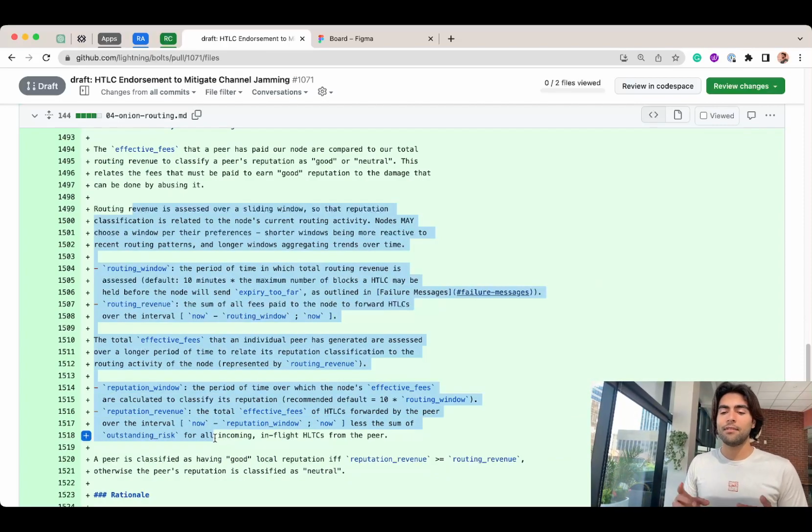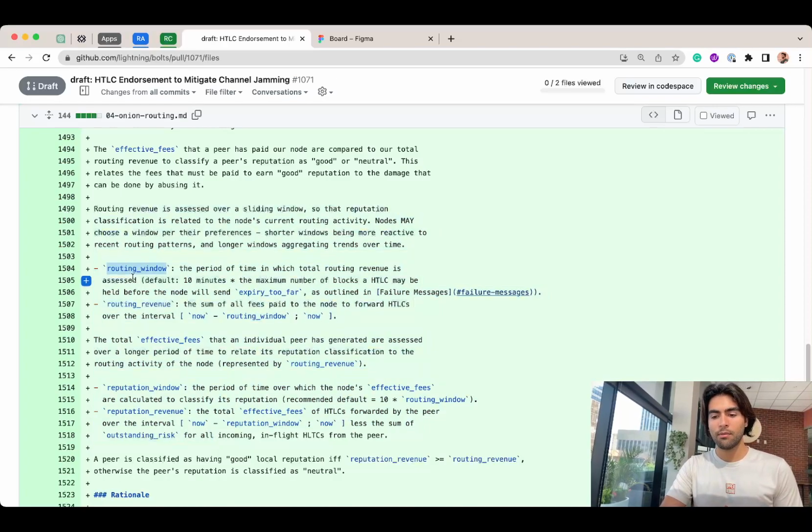And then the last part is for the changes in the network. We have two sliding windows, the routing window and the reputation window. The reputation window is longer than the routing window; the recommended default is about 10 times the routing window.